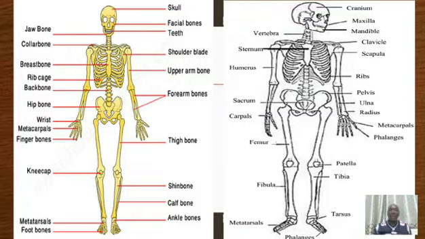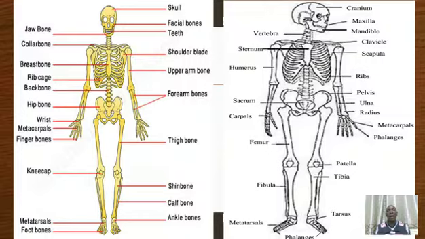Then in the lower part of the leg, we have two bones. There is the big one called the tibia and another small one called the fibula, just like we see from our image there.